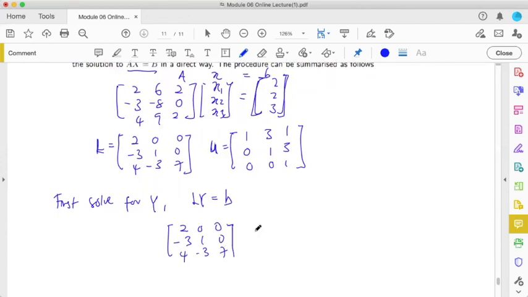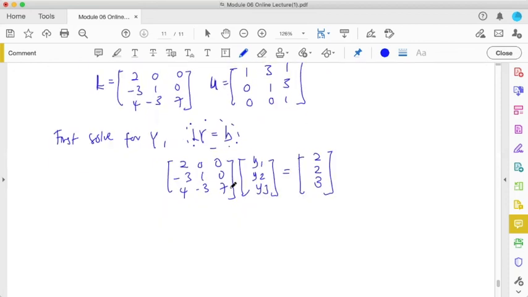This is your L, and your Y would be y1, y2, y3. And your B would be 2, 2, 3. Before you solve for X, you need to solve for Y. Y is the unknown parameters that come in these forms.